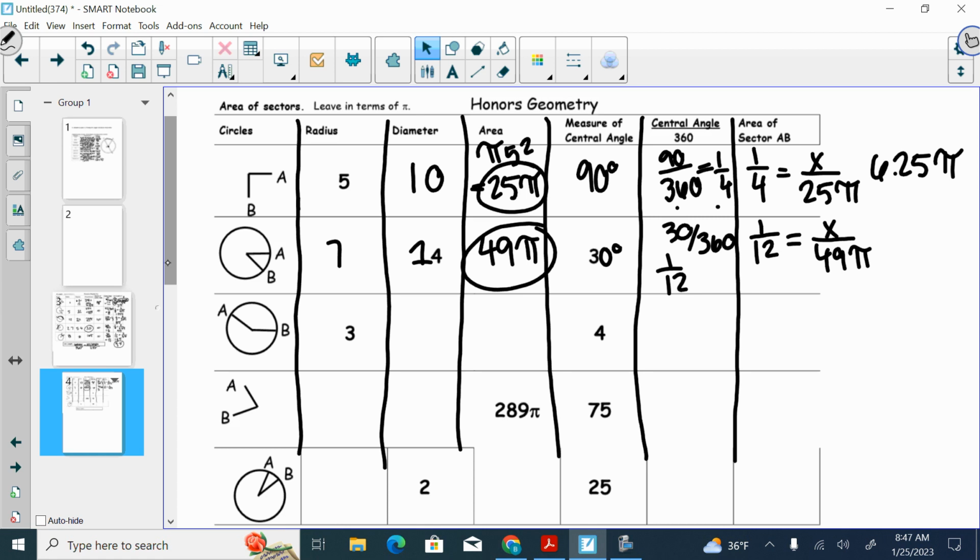What are we going to leave it as a fraction? Right. It doesn't simplify down. So we leave it as 49 over 12 pi.